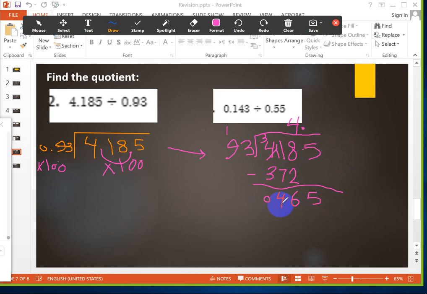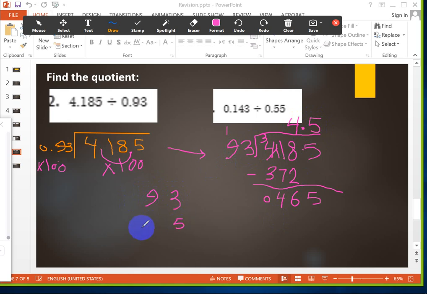Now, 465 divided by 93. Look, I think it's not 4, it will be 5. Let's try 5. 5 multiply 93. You can try like this.